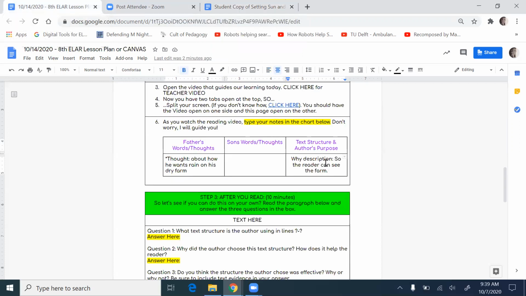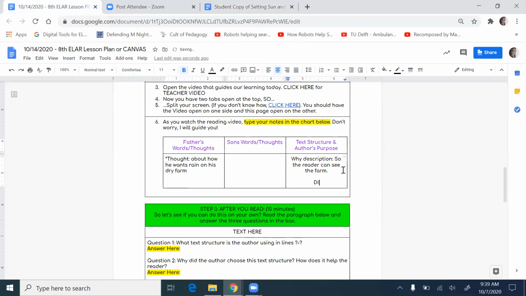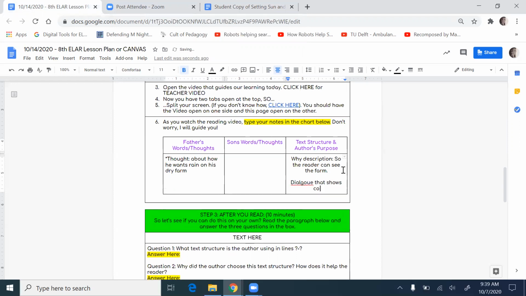So I'm going to come back here and I'm going to go under my text structure and say dialogue that shows contrast. We also have those thoughts that help us understand the dialogue, but that also shows contrast. We see what the father's thinking and the son's thinking. So dialogue that shows contrast is the text structure that is being used. All right. So then I'm going to come back here and say, what's the father saying?